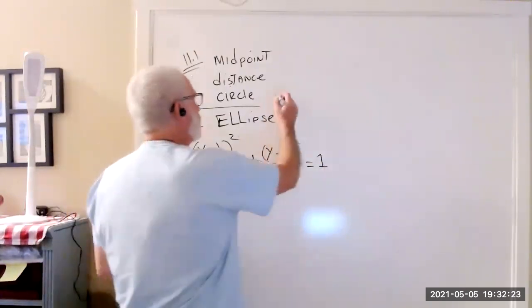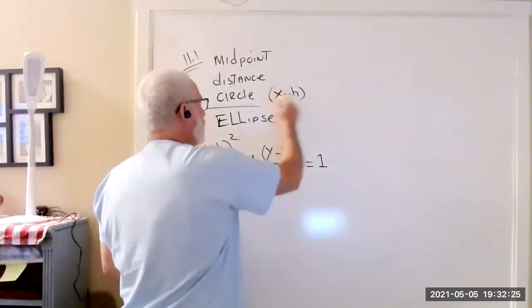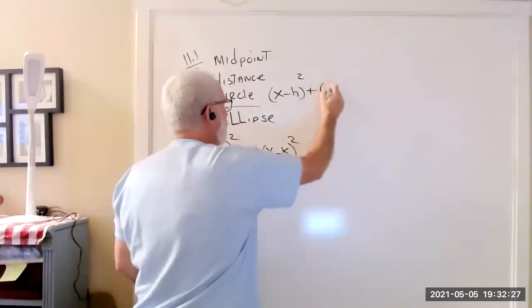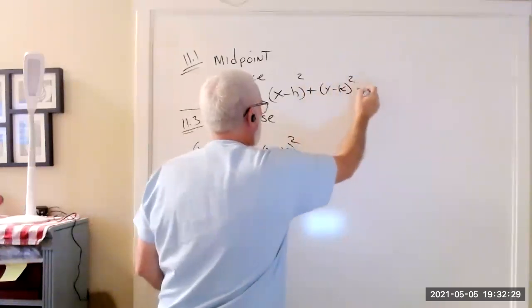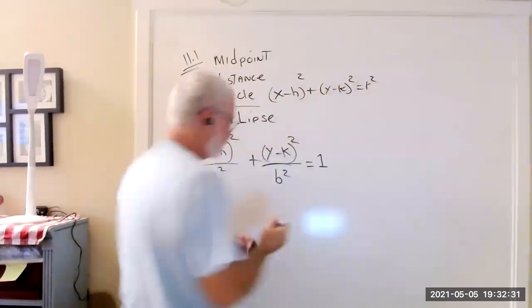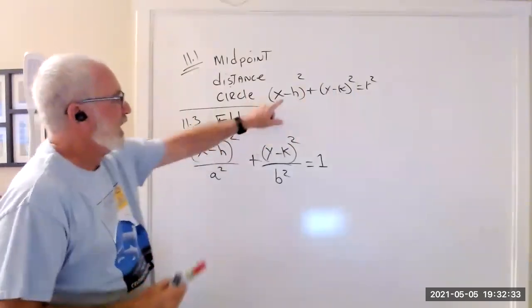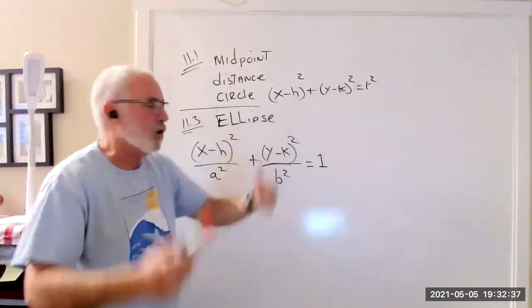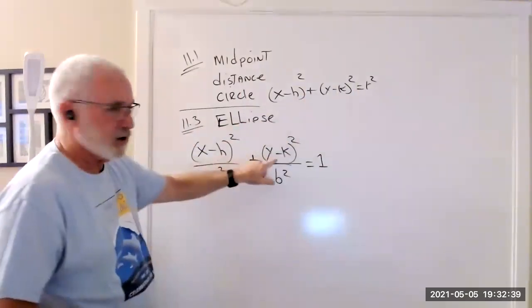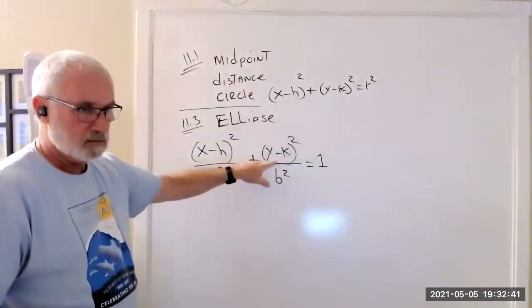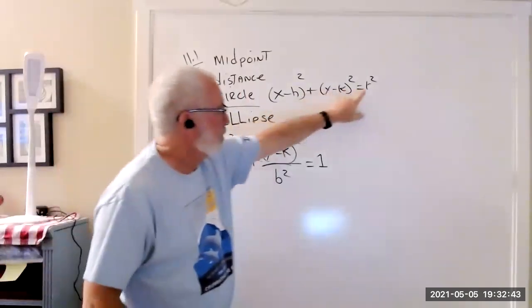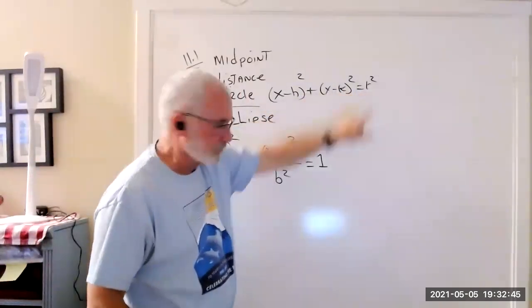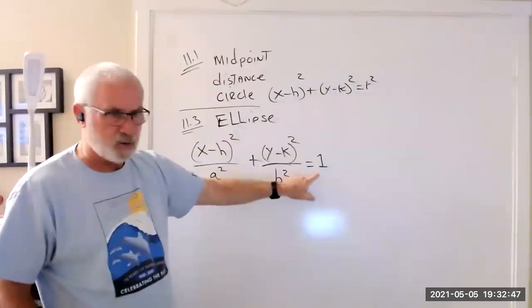A circle was x minus h squared plus y minus k squared equals r squared. So this (h, k), which was the center of a circle, is also going to be the center of our ellipse. But a circle equaled r squared, my ellipse will always equal 1.